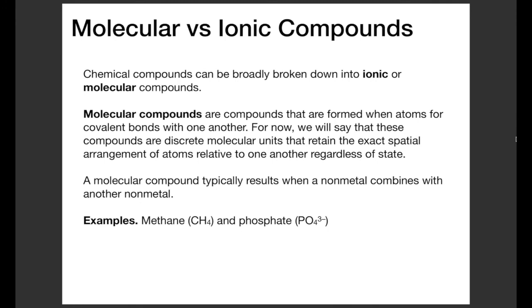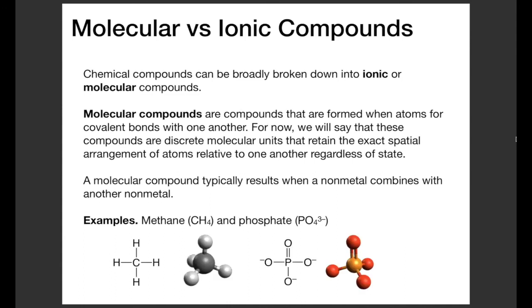Some examples of molecular compounds are methane, CH4, and phosphate, PO4 3-. We can see the interconnectivity by making these diagrams where we explicitly show what atom is connected to another atom. So for example, we have carbon bound to 4 hydrogens with a line connecting each hydrogen.